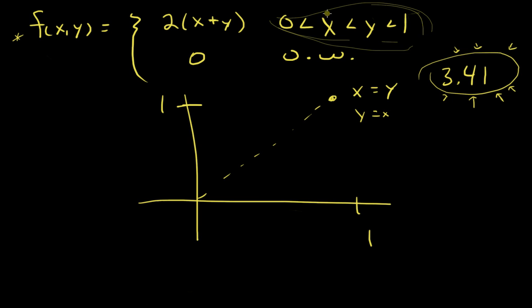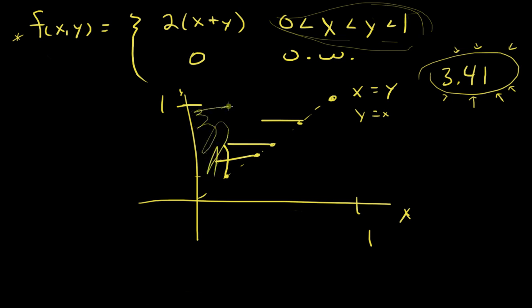What do I have going on? I have whatever x is, so whatever this value is, remember this is x and this is y. So whatever x is, it's always less than whatever y is. So x is here. X can be any value less than y, right? You can think about it another way where, say y is here, y is greater than whatever the value of x is.